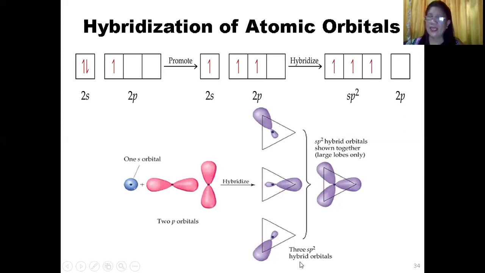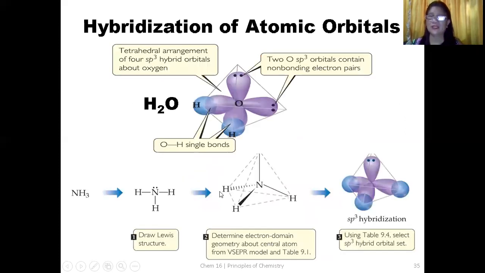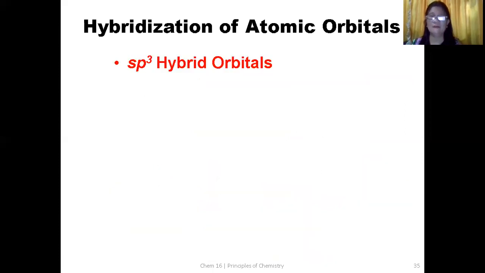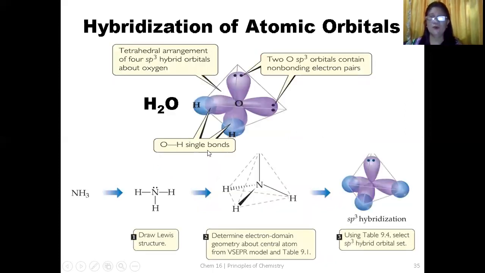For the sp3 hybrid orbitals, how is it done? For instance, you have your NH3 here. So this is now your Lewis structure for this, then this is the lone pair.